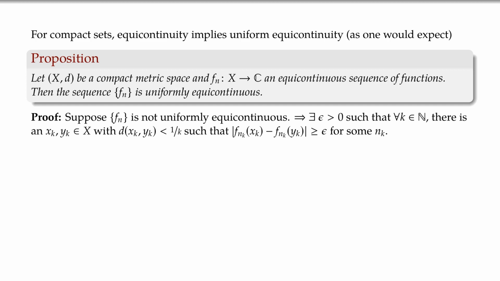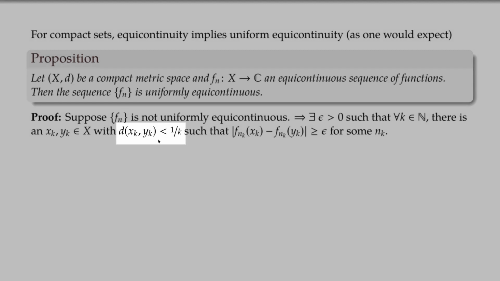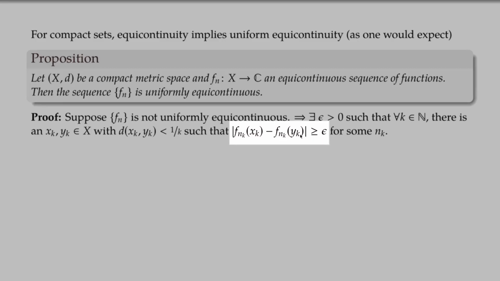So suppose it's not uniformly continuous, so that means that there is some epsilon such that we can find really two sequences of points, x_k and y_k, such that they get closer and closer together, so that they're within 1 over k of each other, and they're always further than epsilon apart for some function, right?